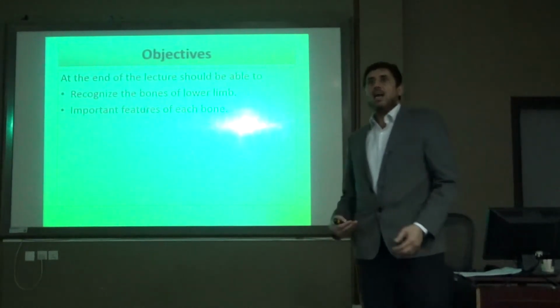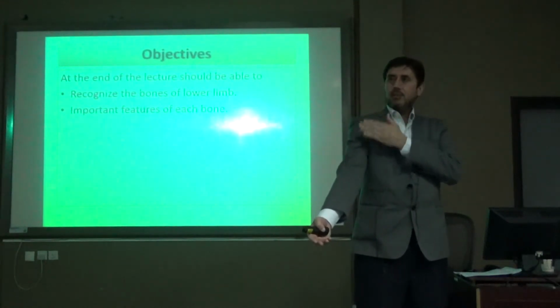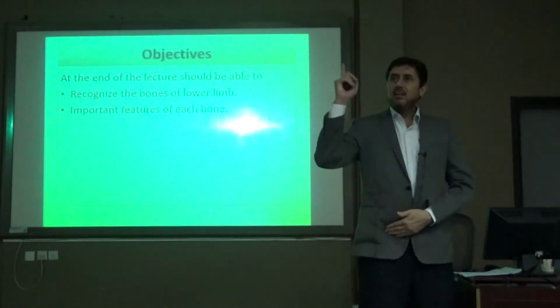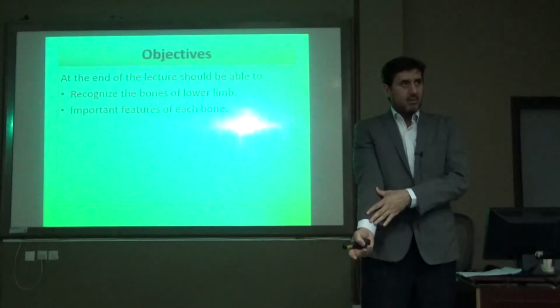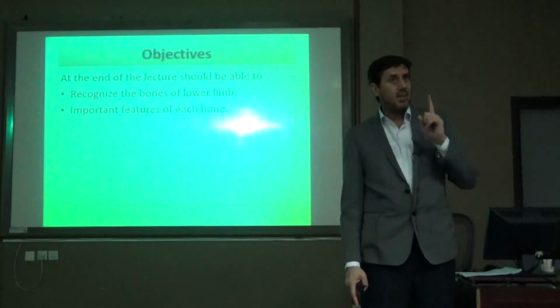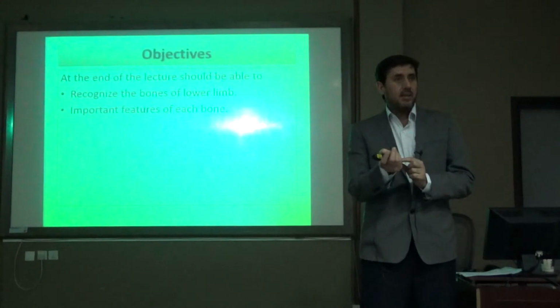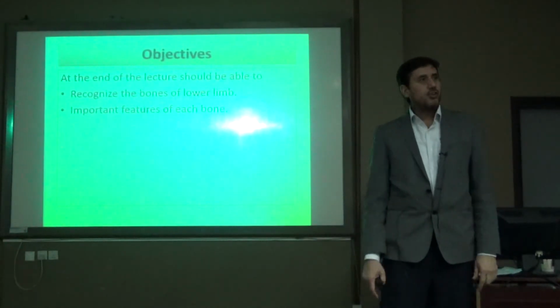Leg is between knee and ankle. And how many bones do we have here in the brachium? One. And here in the thigh? One. How many do we have over here? Here we have two. In the leg we have two. How many do we have in the carpal? 8. But what is over there in the foot?